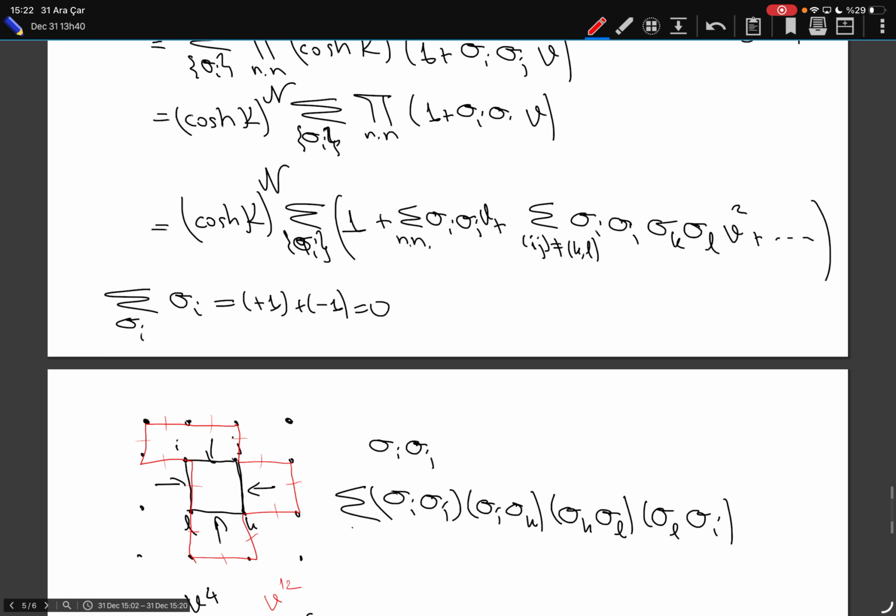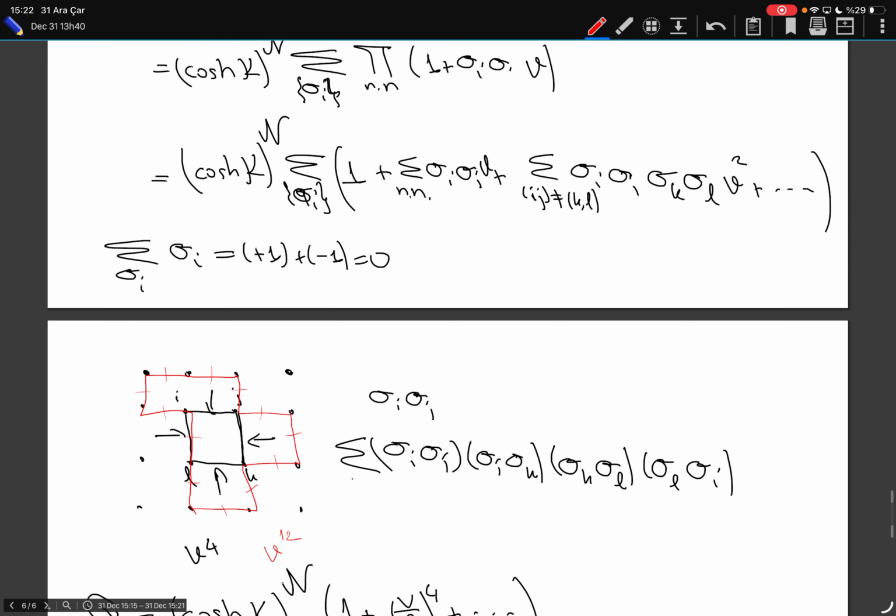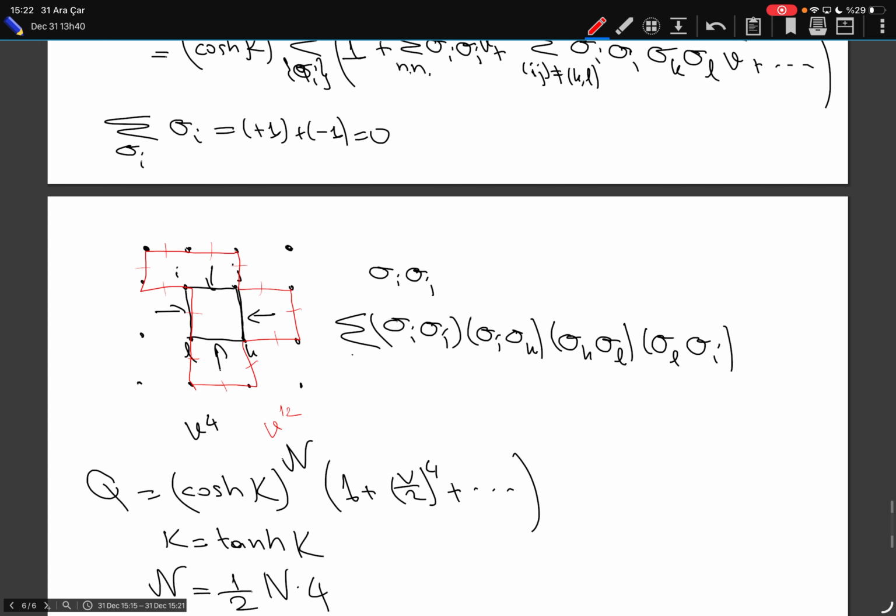Sorry, let me calculate this overall coefficient properly. So here I have a sum over ijkl.